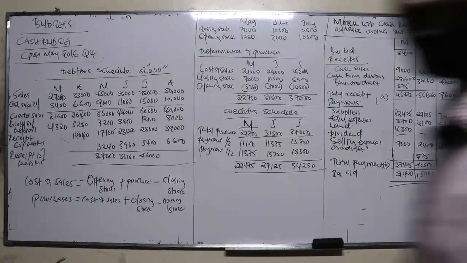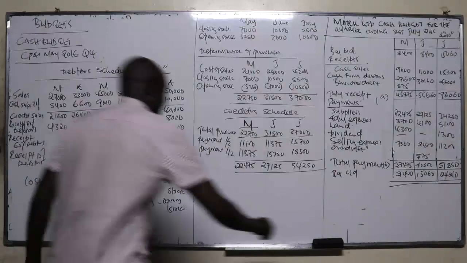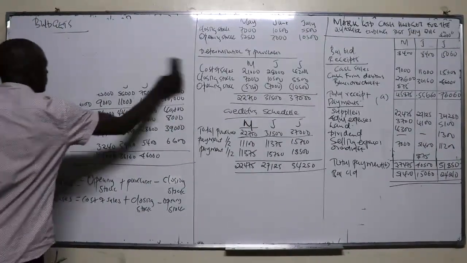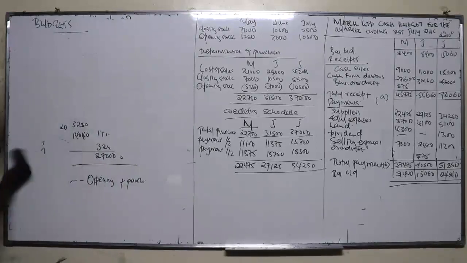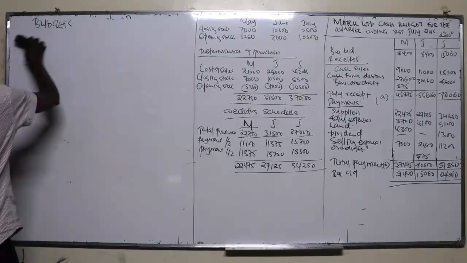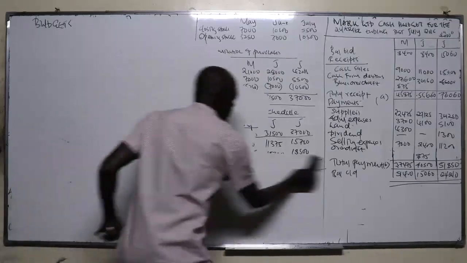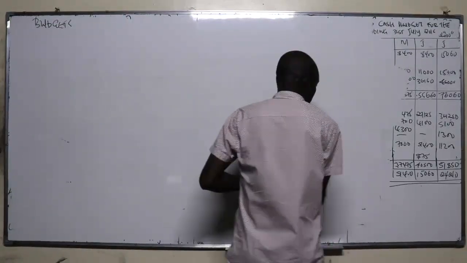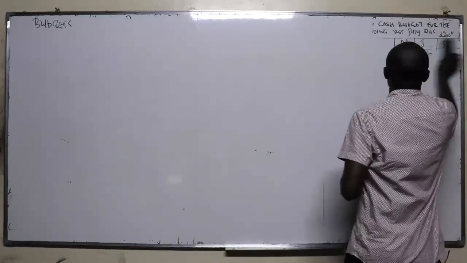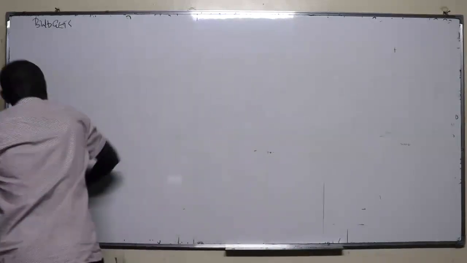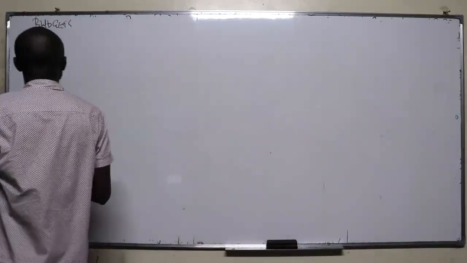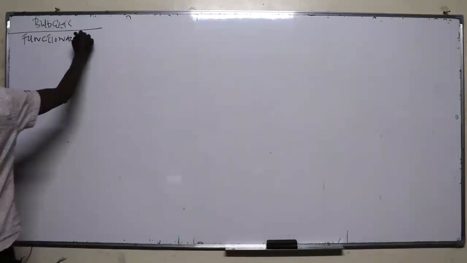So now we want to look at another budgets. We call them functional budgets.